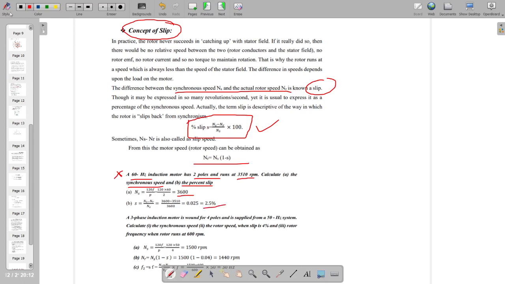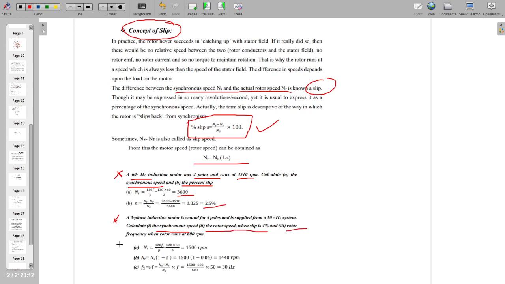So, next question. A 3-phase induction motor is wound for 4 poles and is supplied from a 50 Hz system. The first problem is to calculate the synchronous speed. The second is the rotor speed when slip is 4%.